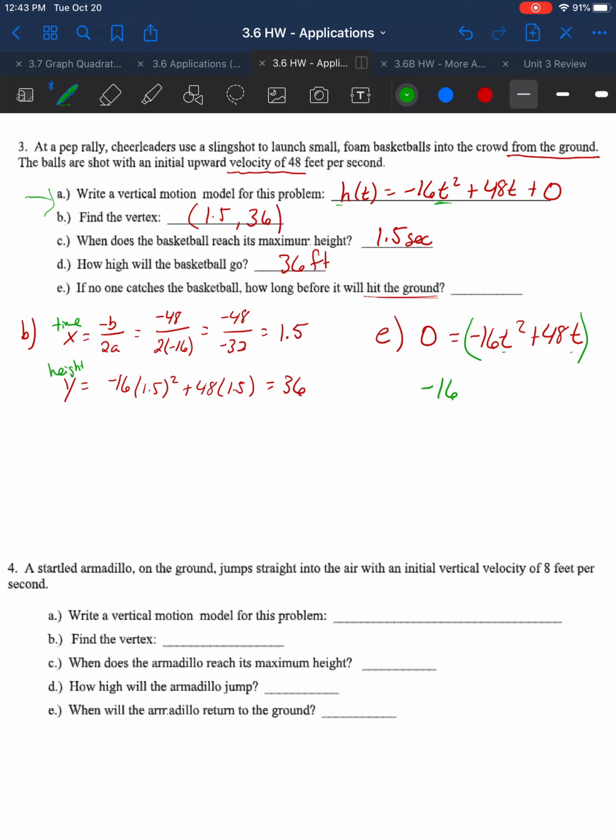If I put a plus 0 and I take A times C, I get 0, and I don't know how to factor that. Okay? When we only have the 2 terms, you go straight to grouping. What can I take out of negative 16 and 48? Hey, negative 16 actually comes out of both, and they share a t, which then would leave me t minus 3.